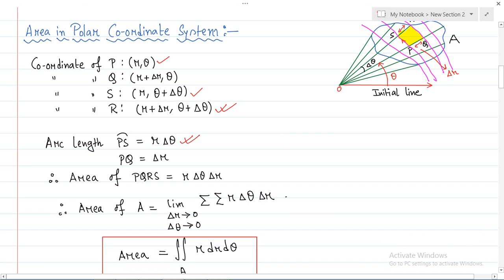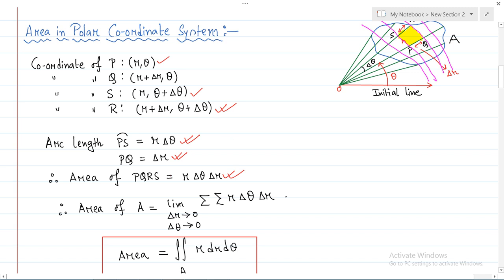Actually the arc length formula is r into theta, but here the angle between P and S is delta theta, so the arc length is r into delta theta, and PQ is nothing but delta r. So the area of the small rectangular region is r into delta theta into delta r.